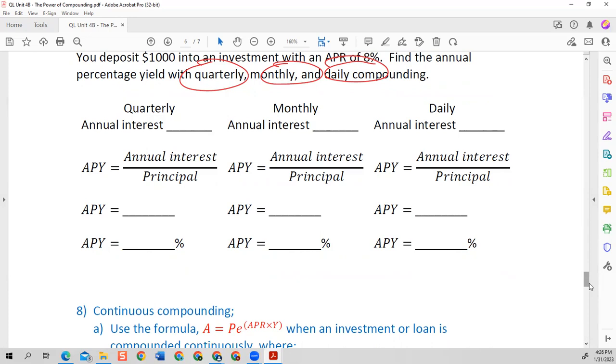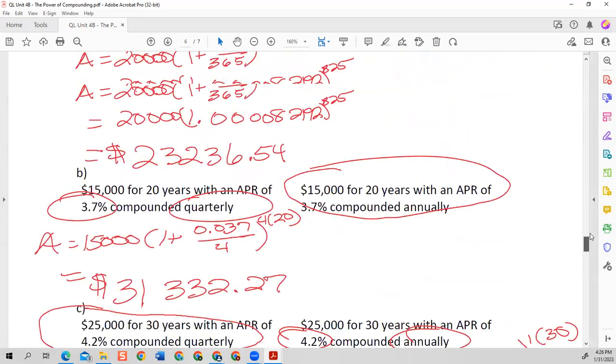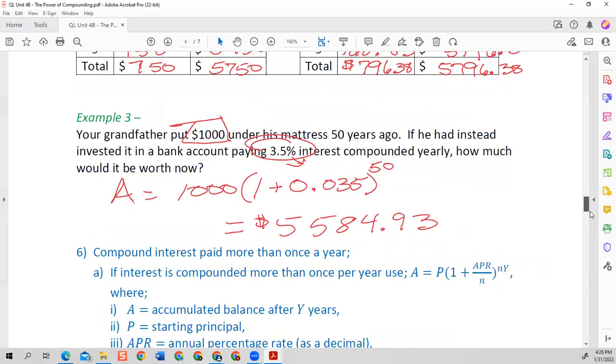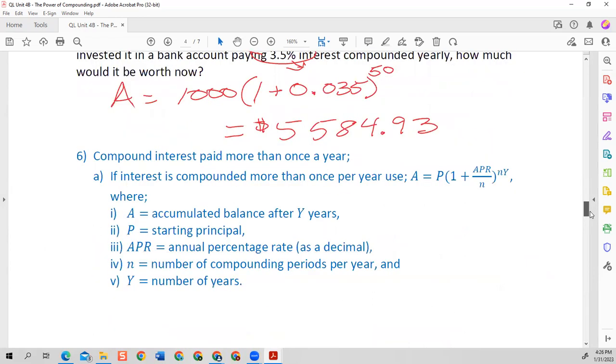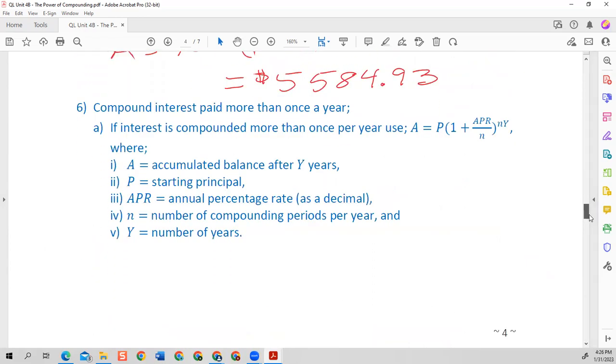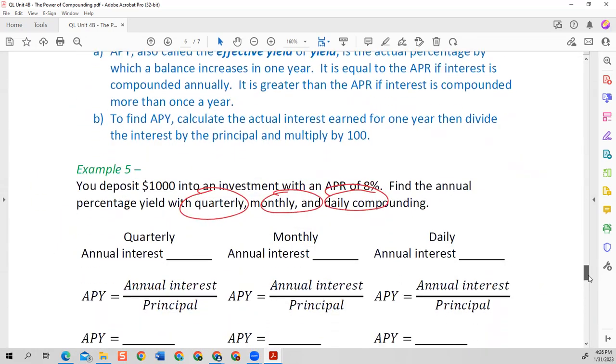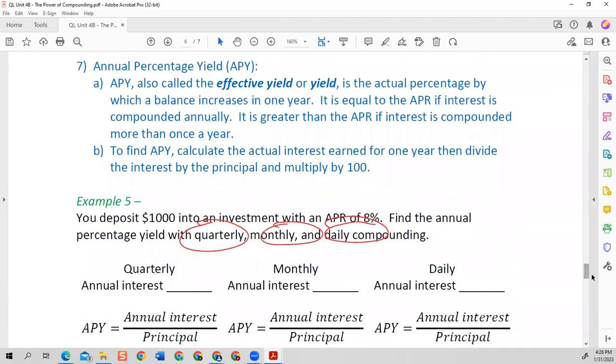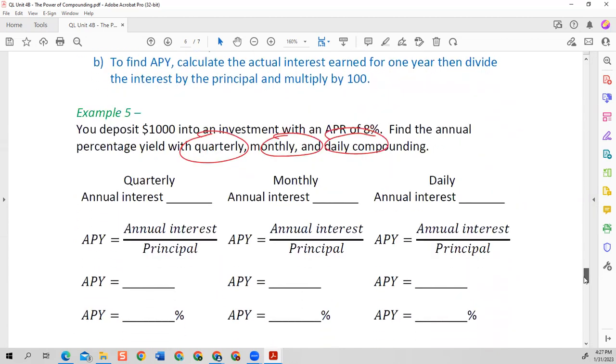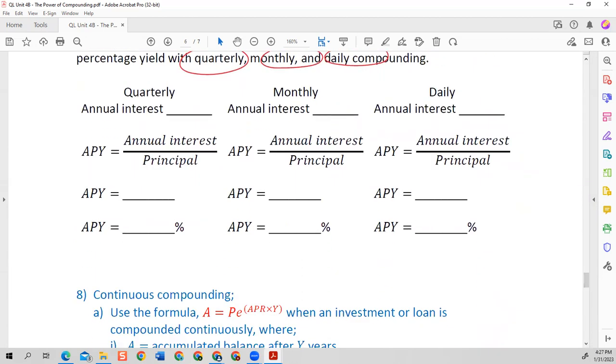That's 0.08 divided by 1,000. Let's come up here. My apologies.